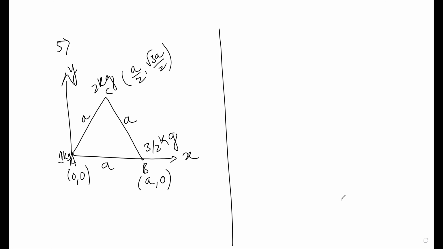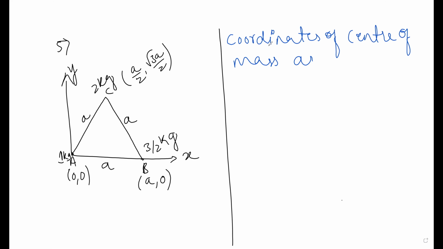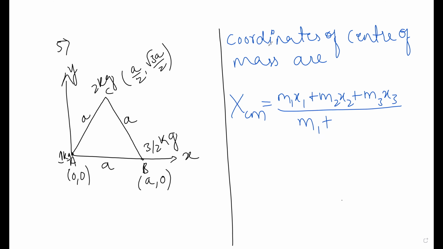The coordinate of the center of mass, R, is calculated as follows. The x coordinate of the center of mass, x CM, is given by the formula m1 x1 plus m2 x2 plus m3 x3, divided by m1 plus m2 plus m3, since 3 masses are there.